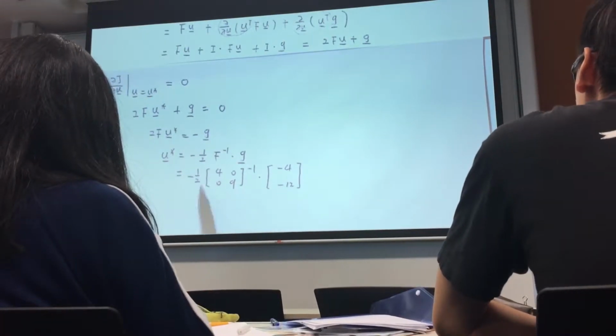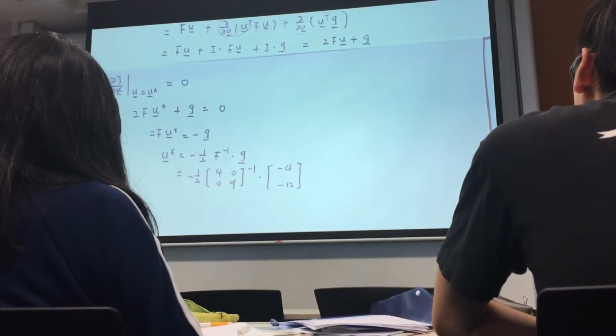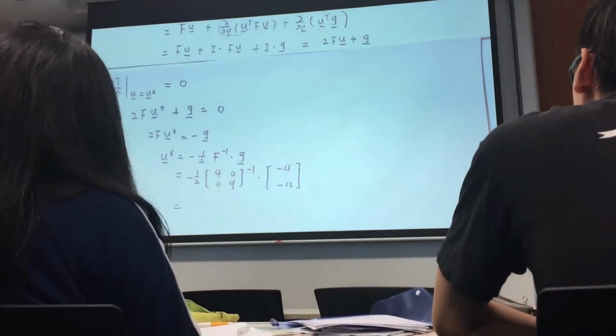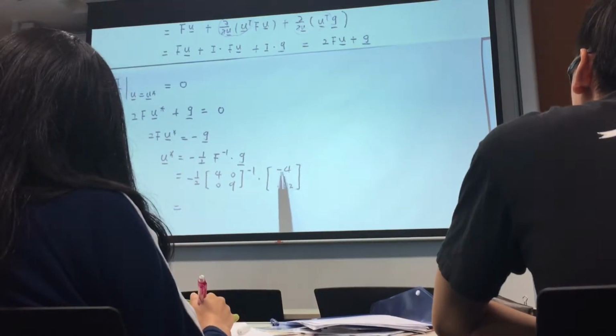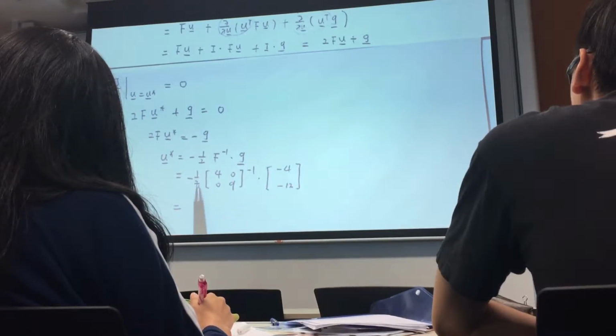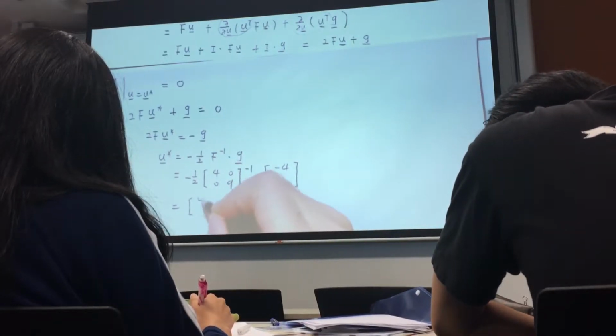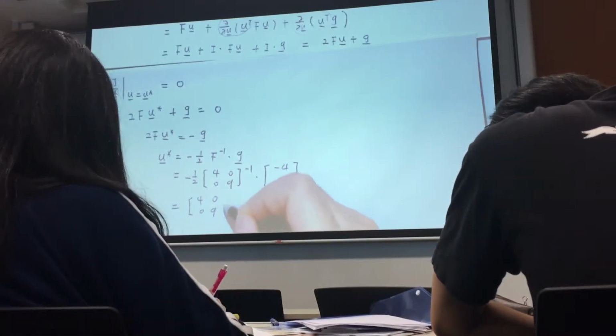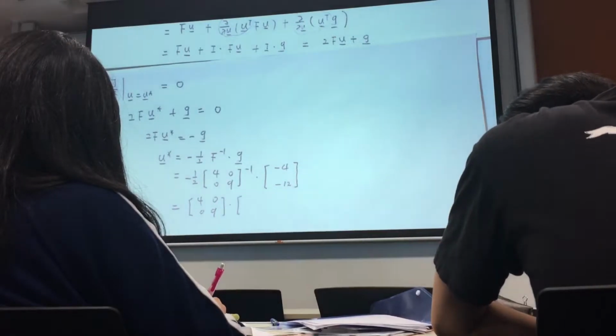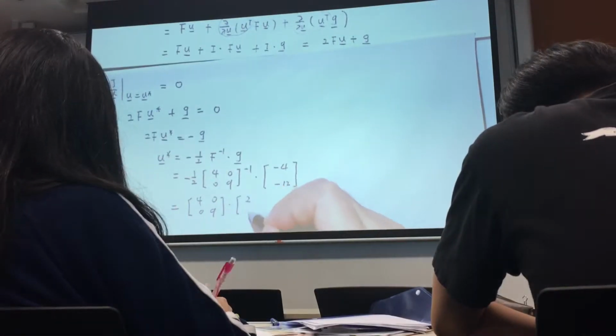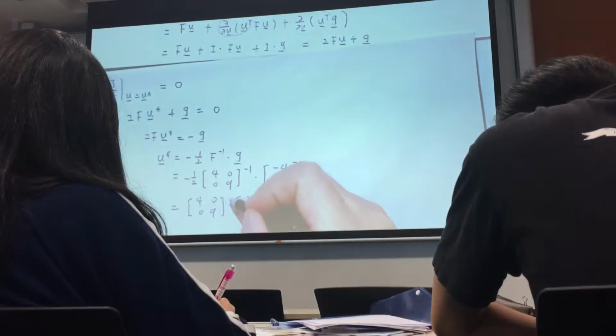So it's just a simple manipulation. So we know this minus can be cancelled. This 2 can be divided into components. This equals [[4,0],[0,9]] inverse multiplied by [4, 6].